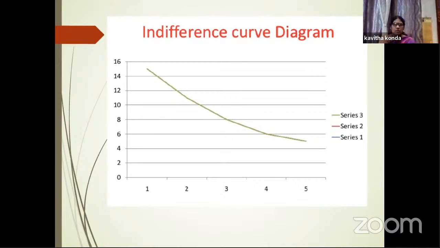On the OX axis we take the X good, or the mangoes, and on the other axis we take the apples. For more and more apples, how we have been substituting apples for mangoes is shown. Or you take X and Y: on the OX axis the X good and on OY the Y good.